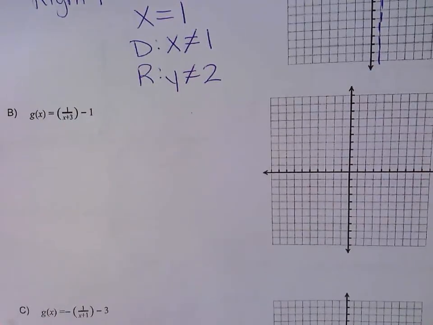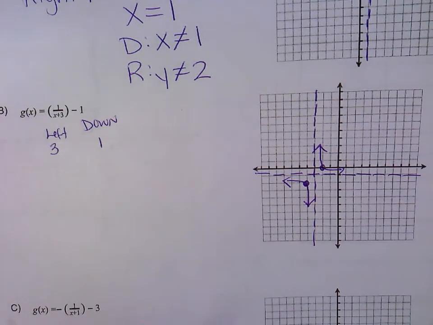Are you going up or down? Shift your asymptotes and plot your 2 points and curves. Your vertical asymptote, your domain, and your range.